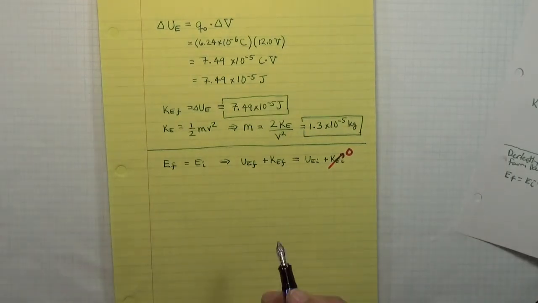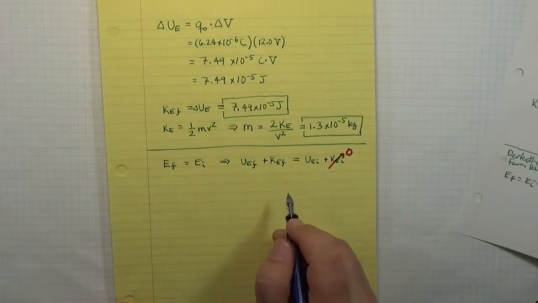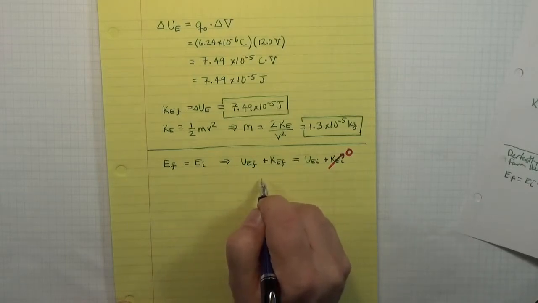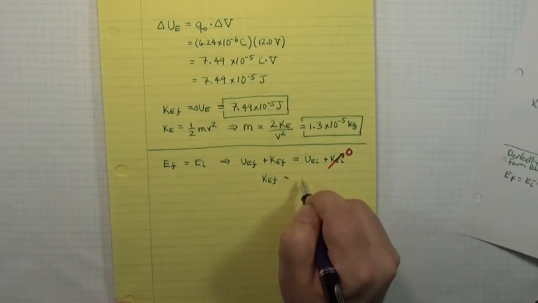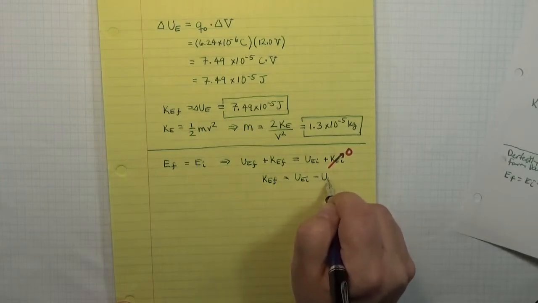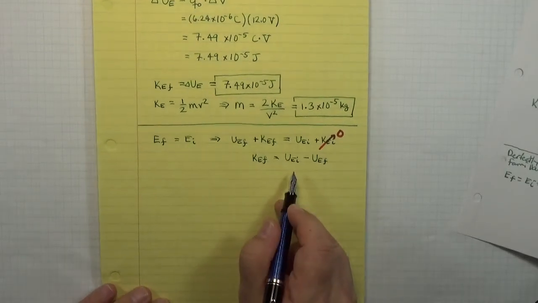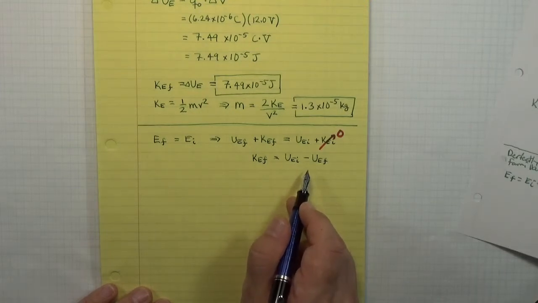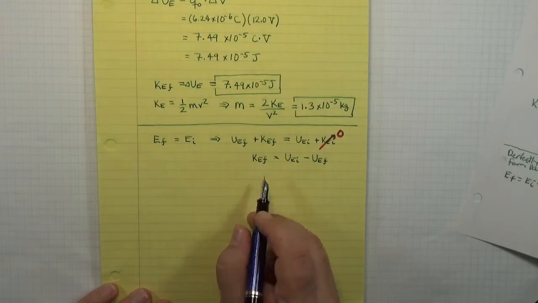If I take the potential energies and put them together, this gives me that the kinetic energy at the end of the problem is the potential energy that I start with minus the potential energy that I end with. You'll notice that that looks like the change in potential energy, modulo a sign difference, and this contains the thing that I'm asked to find, which is the mass.